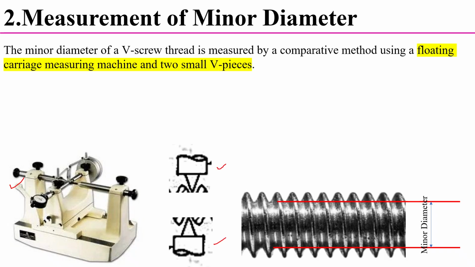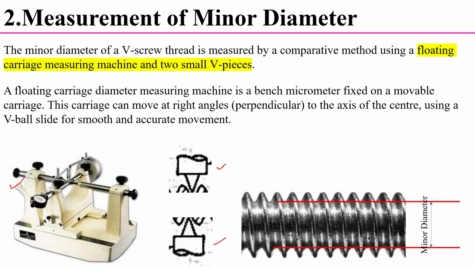In the coming lecture we will discuss the floating carriage measuring machine briefly, but here we discuss the procedure to determine the minor diameter using it and the small V pieces.